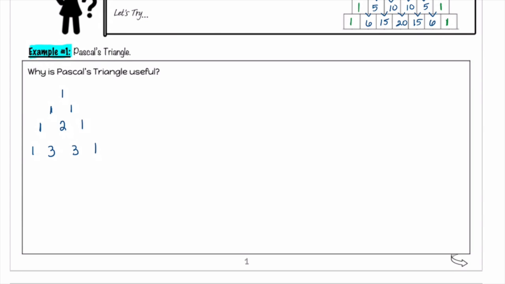If you notice, as I increase in rows, I increase in the amount of numbers, plus 1. So I have 1, 4, 6, 4, 1, and 1, 5, 10, 10, 5, and 1. And again, it keeps going on forever.